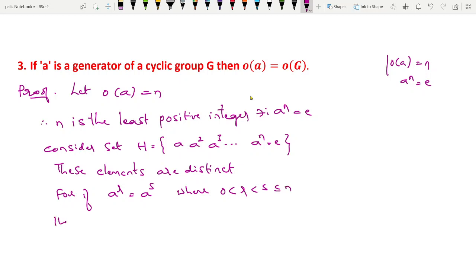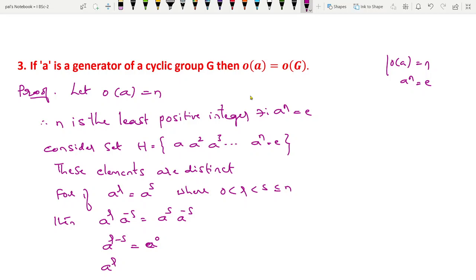Then you operate both sides with A to the power of minus S, because it is a group. Since A to the power of S is in G, A to the power of minus S is also an element of G, because A to the power of minus S is the inverse of A to the power of S. So you write A to the power of R into A to the power of minus S equal to A to the power of S into A to the power of minus S. Now you can write this as A to the power of R minus S is equal to A to the power of S minus S, which is A to the power of 0.